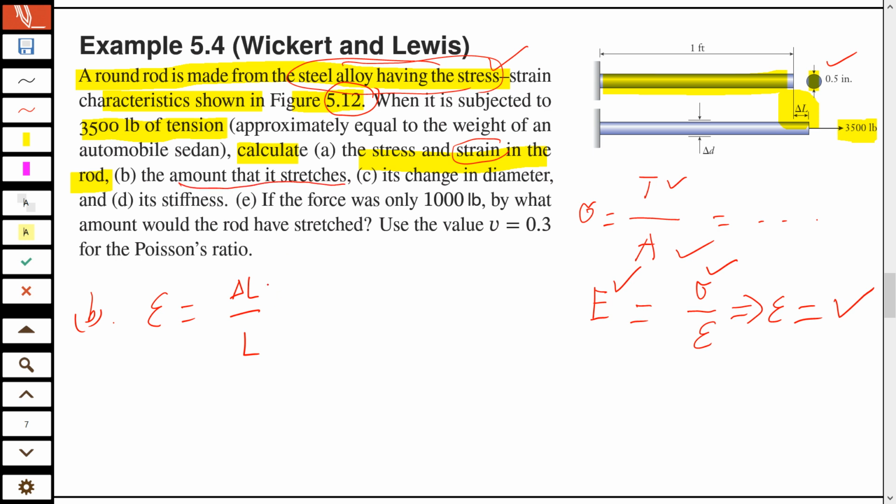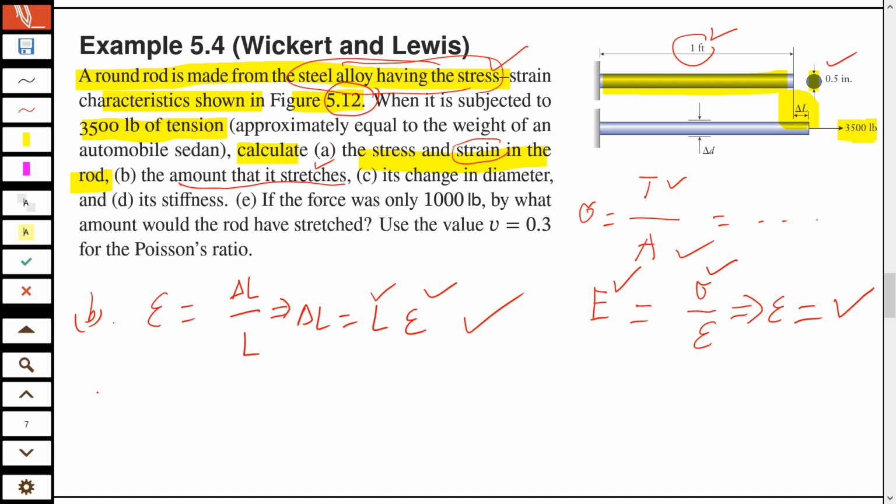So you want to know delta L, which is L times the strain. You have strain from part A and you have length given in the diagram. So you work out the amount it stretches, delta L.